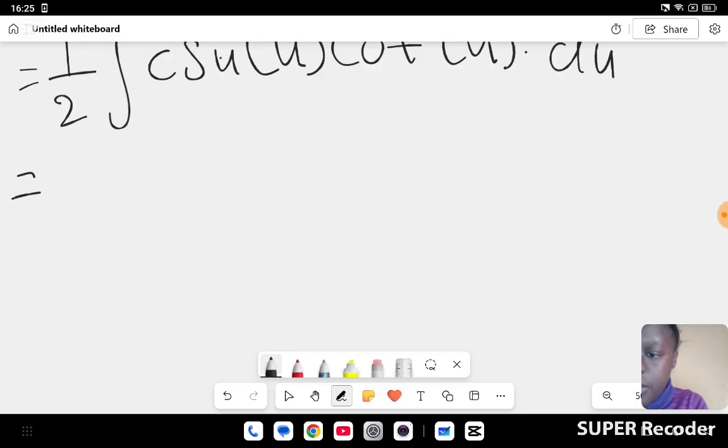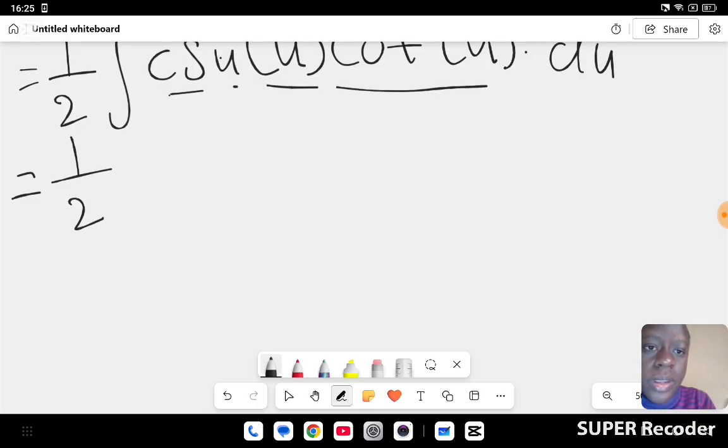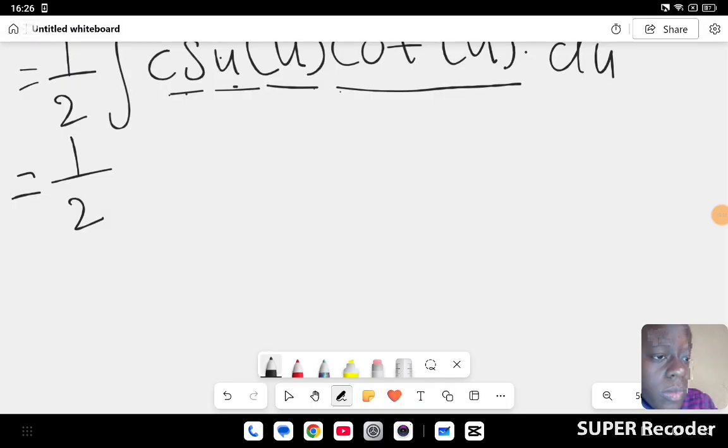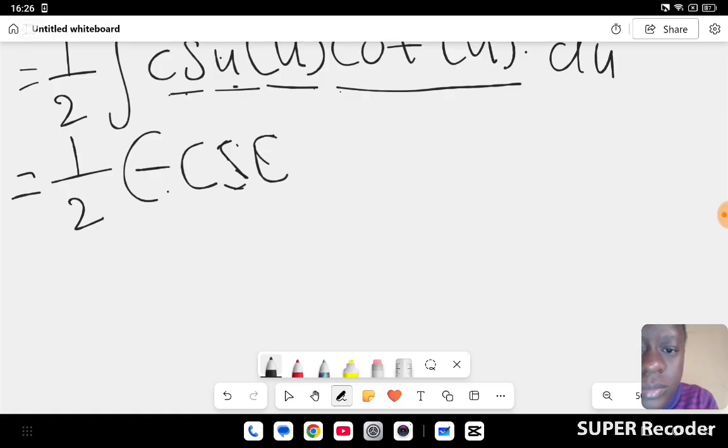So this is equal to 1 over 2, the integration of this thing here, it should be negative cosec u plus c.